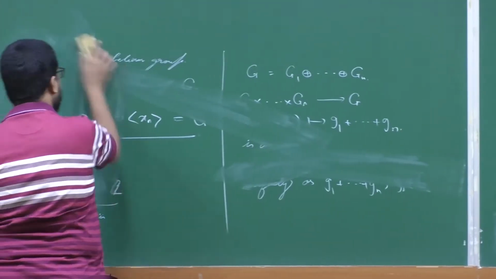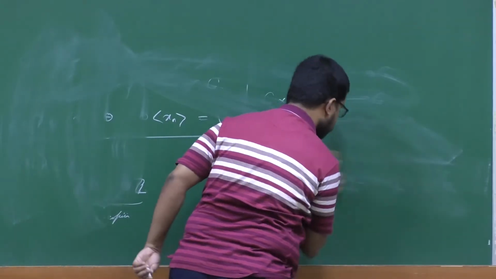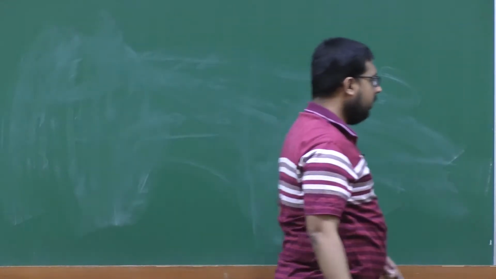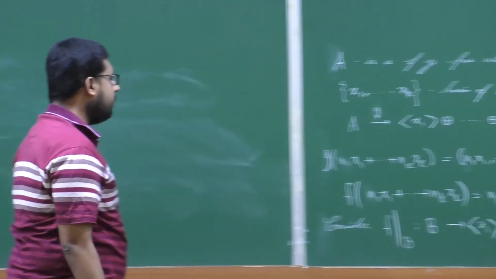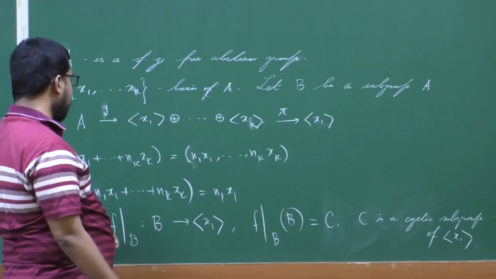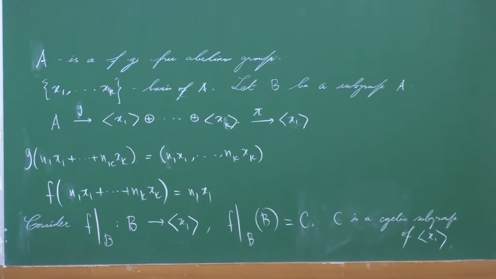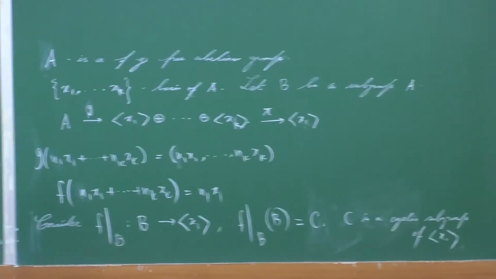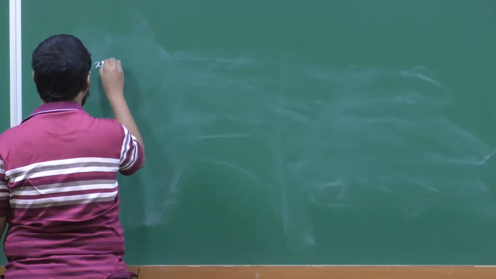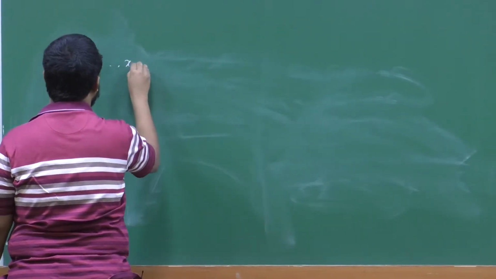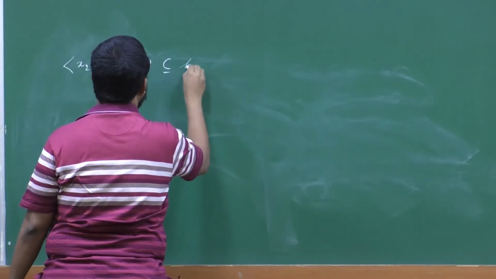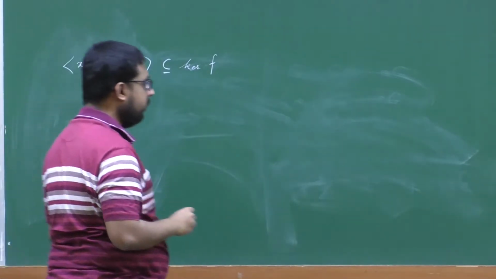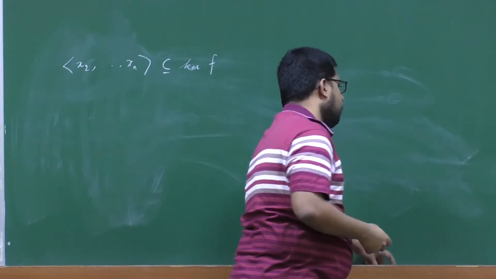So where are we now? We are working with this map. One thing is clear, that the way F is defined, the subgroup generated by x2 up to xn lies in the kernel of F. Sorry, that is the opposite one.